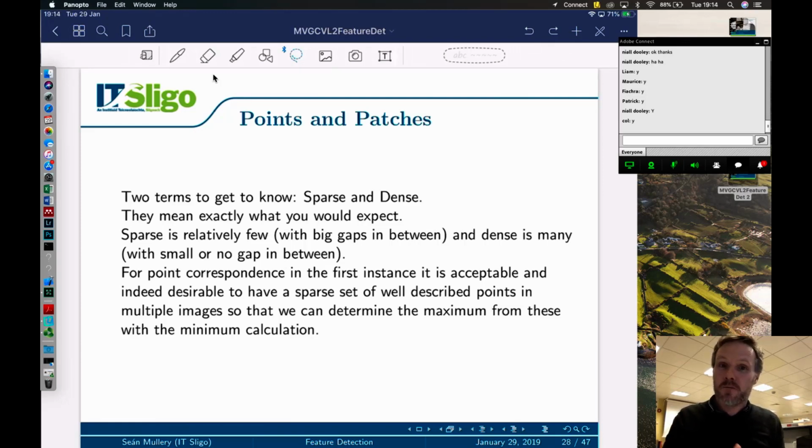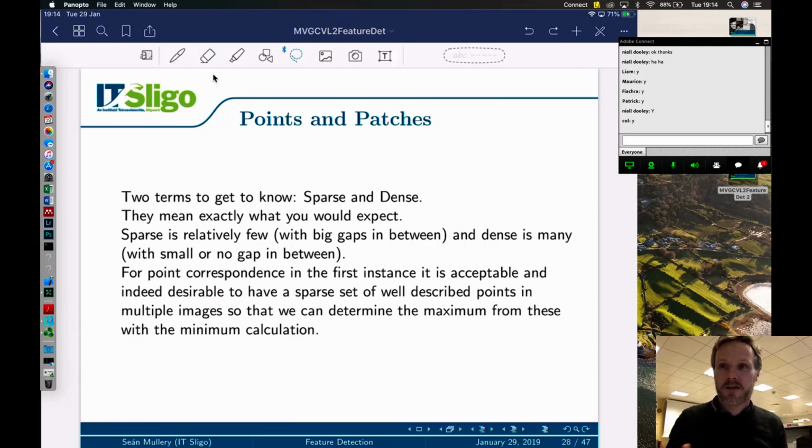Now, that's not to say there wouldn't be reason for using dense methods, particularly if we're parking a car and driving slowly, and we want to get a good picture for the driver of the car as to what things are going to look like. That would be more in terms of dense methods. But if we just want to find some individual points that we're going to work with within our image, then sparse would do, and sparse will be much more computationally efficient.